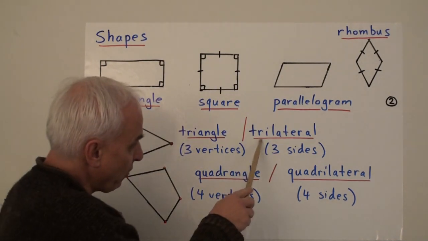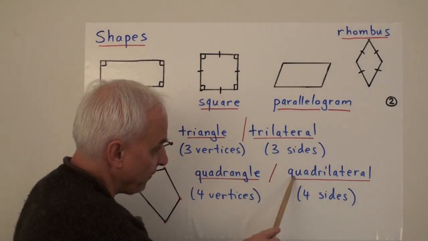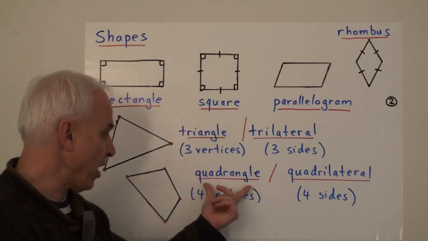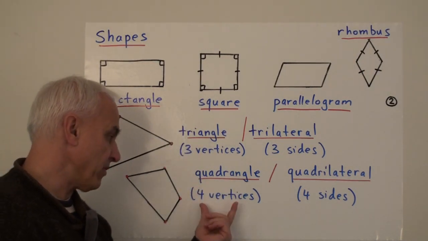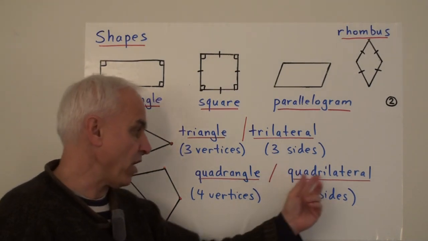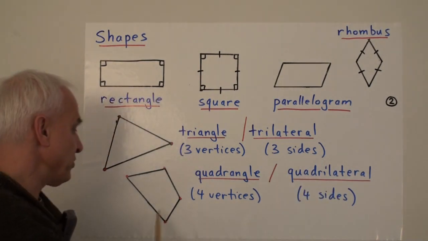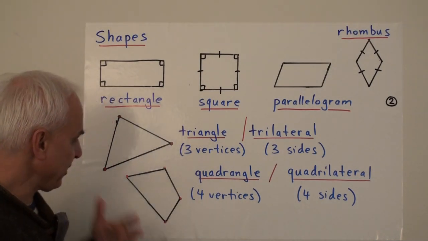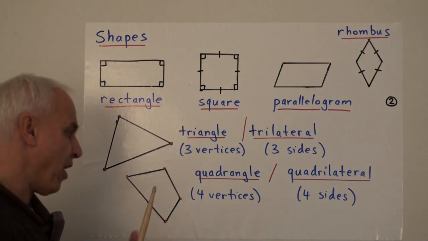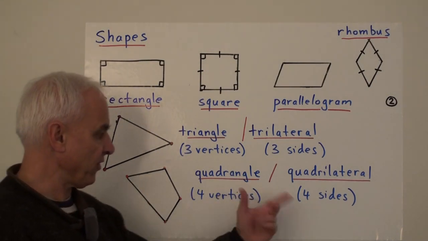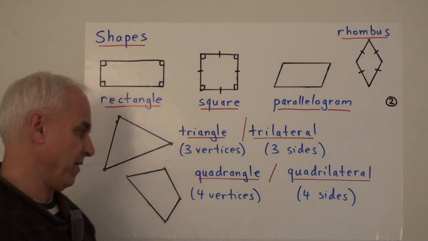The corresponding word for a trilateral with four sides is quadrilateral. So when we talk about a quadrangle, generally we're thinking about an object like this with four vertices. When we're thinking about a quadrilateral, we're thinking of an object like this with four sides. And you might think that they're pretty well the same, and often they are used interchangeably, but in projective geometry there is an important difference between them.